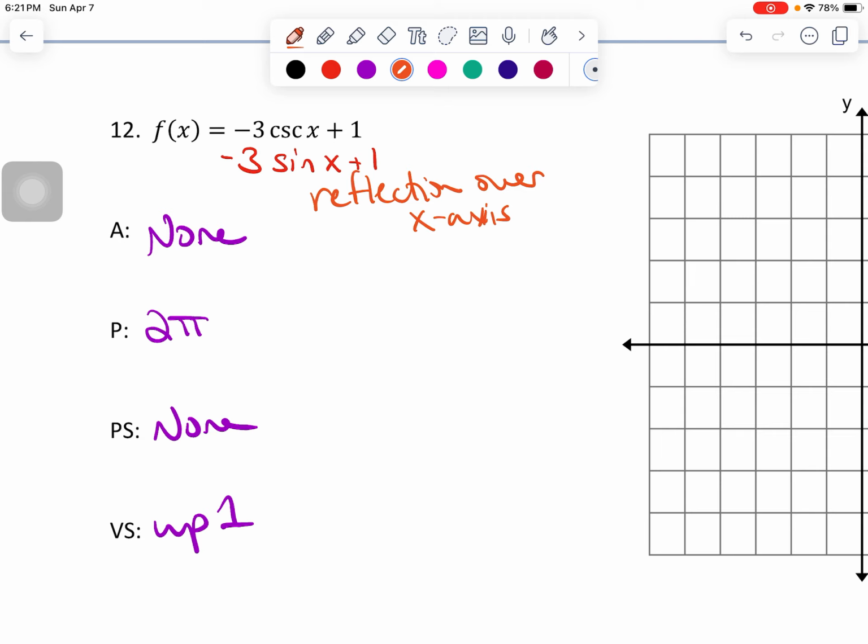For the cosecant curve, this is a stretch. All right, so we're going to stretch each point 3 times further away from the x-axis. So if you think about the sine curve, that's going to create the amplitude of a +3 and a -3 for your highs and lows.